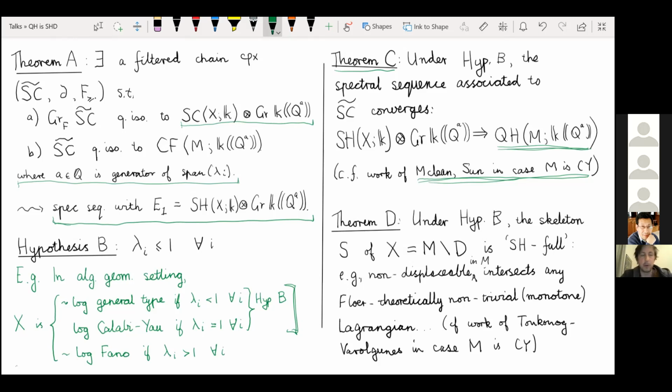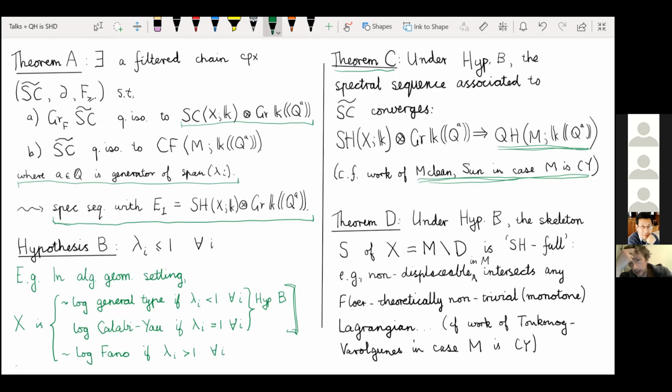You don't need hypothesis B in that case. So it's just M is Calabi-Yau and no hypothesis on these weights lambda I. Okay, so that's our theorem, establishing appropriate hypotheses for the conjecture to hold.